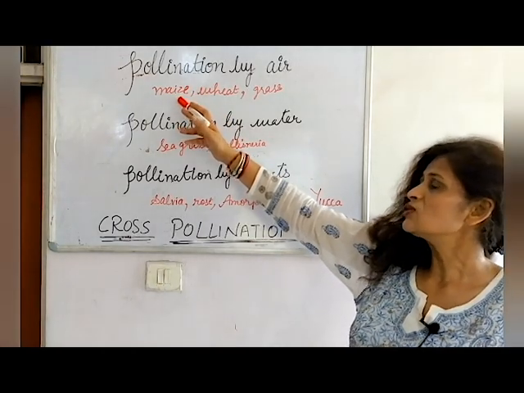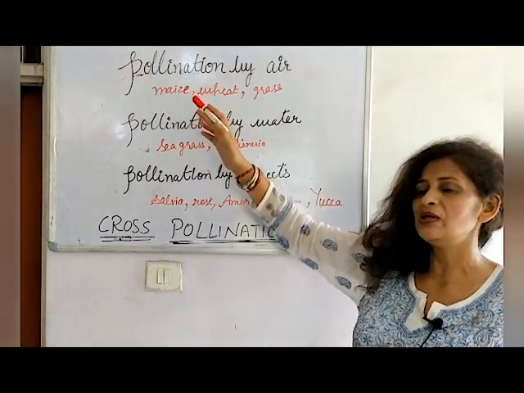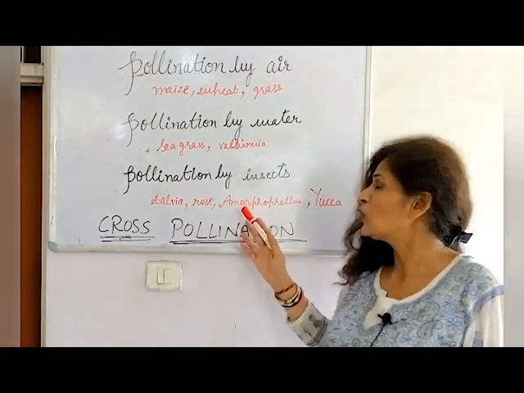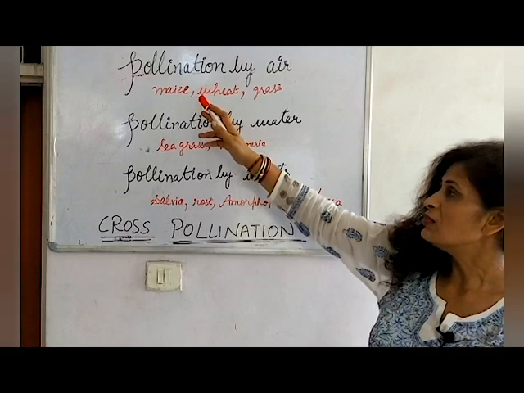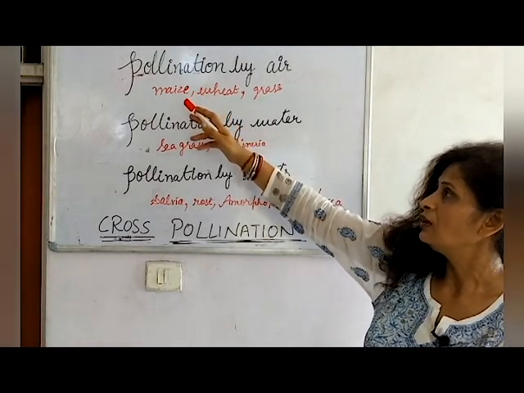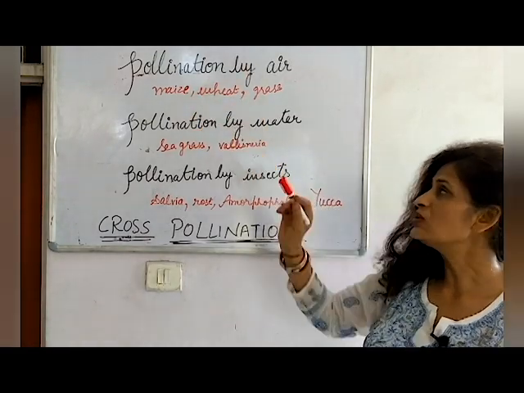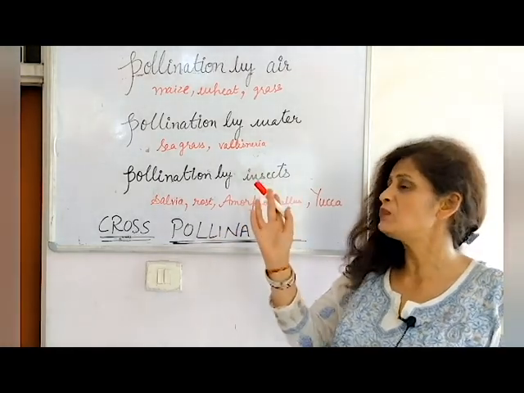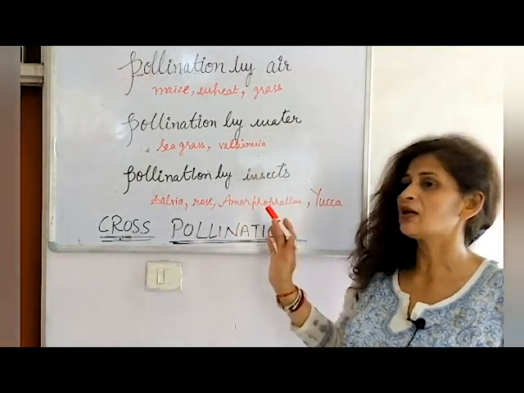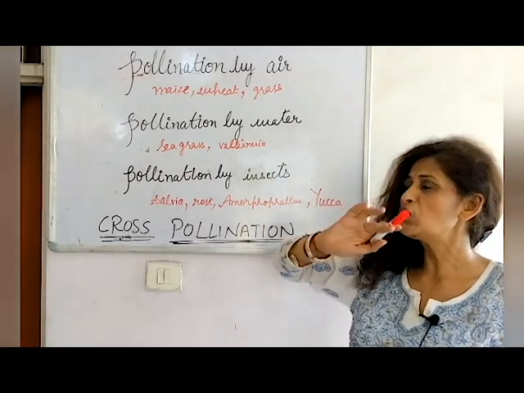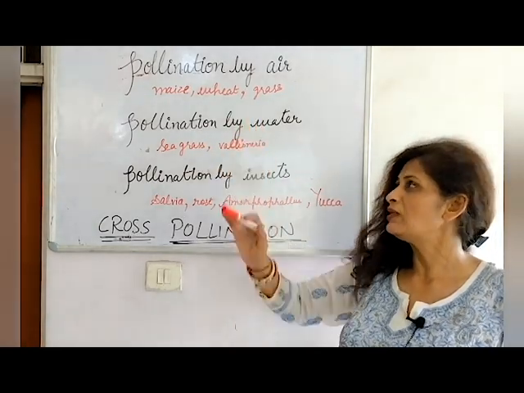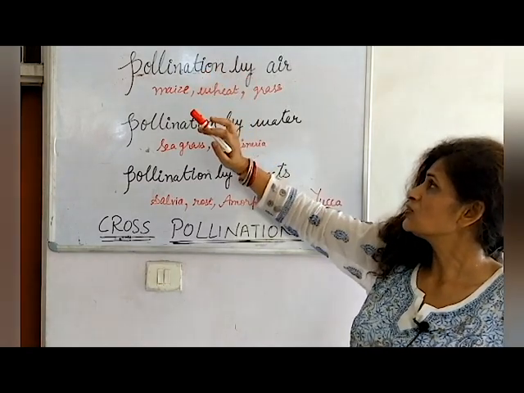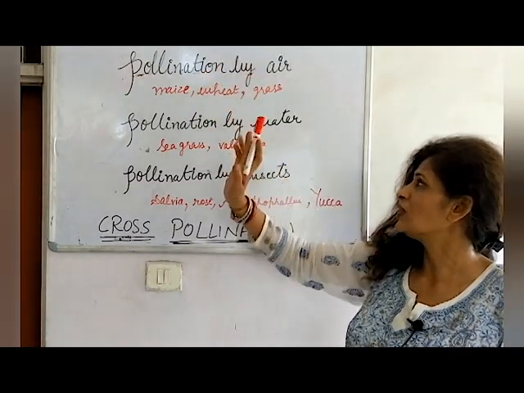Their anthers and stigma are exserted, means they are outside, exposed. Mainly their stigma is feathery so that it can capture the pollen grain from air. And their anthers are in hanging position, which are called versatile anthers. So when air blows over the anthers, pollen grains quickly come out. So these are the adaptations of anemophilous flowers.